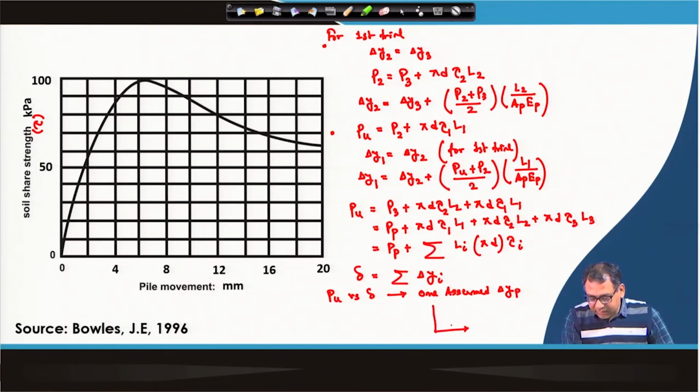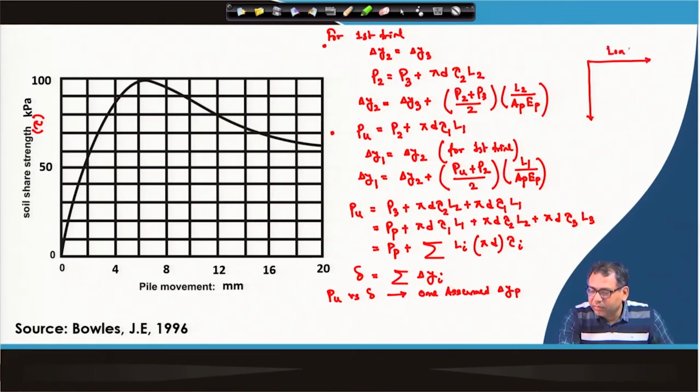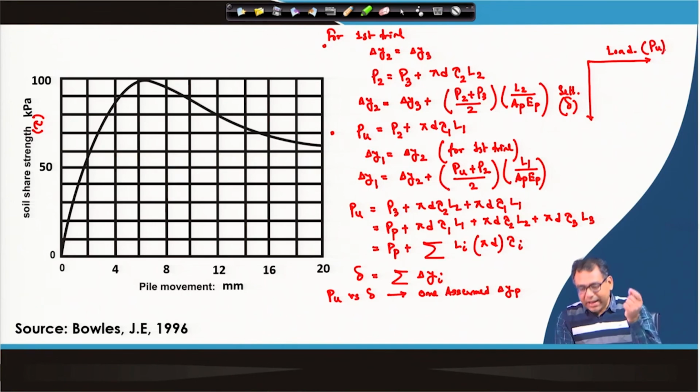So, this is the load and settlement. This settlement is delta, load is P u. So, once we assume different del y p, we get one P u and delta. So, that we will plot here.